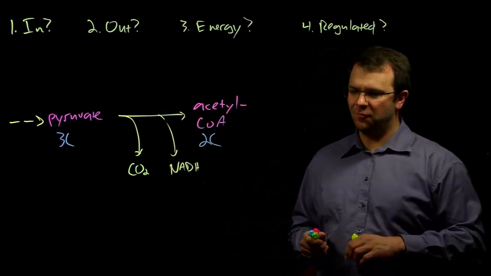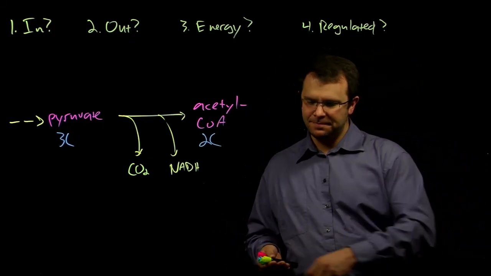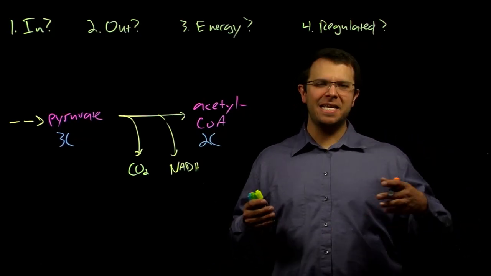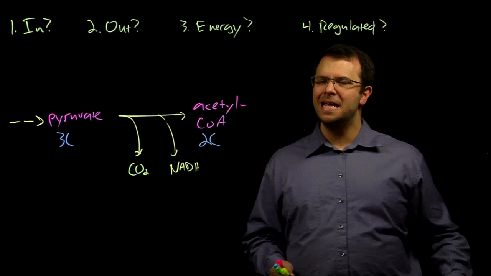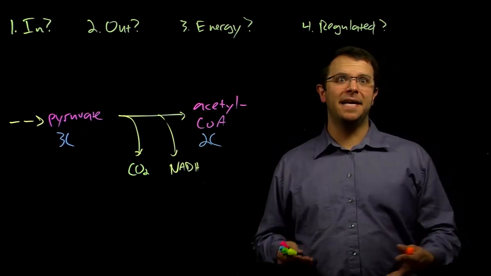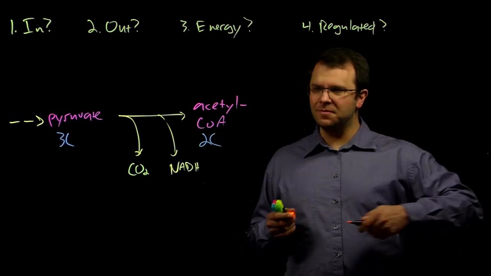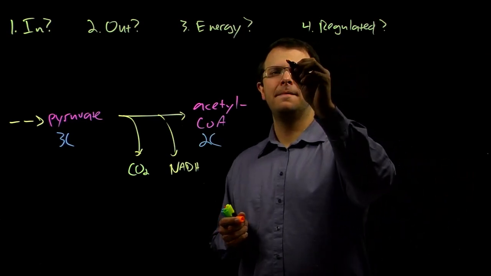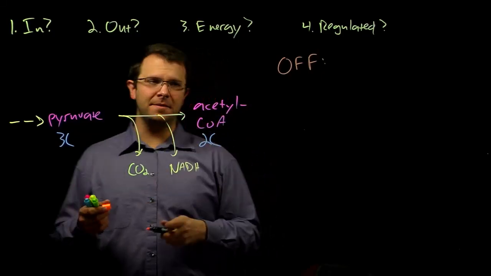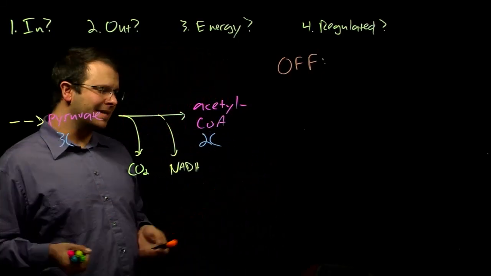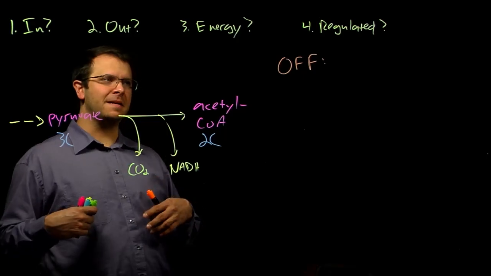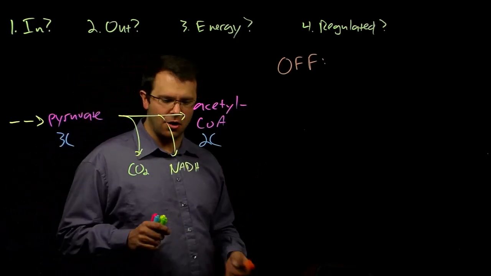How is this regulated? Well, it turns out that the pyruvate dehydrogenase complex is actually a key regulatory checkpoint in this big central metabolism set of pathways. Interestingly enough, there are a number of molecules that turn off the pyruvate dehydrogenase, and if you stop and think about it for a moment, I bet you can already begin to predict what those molecules are.